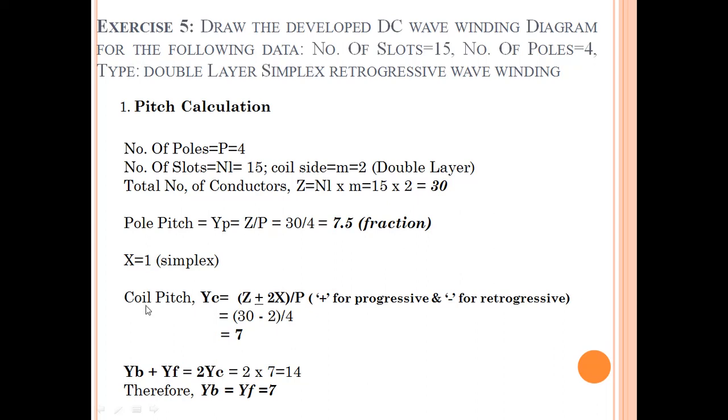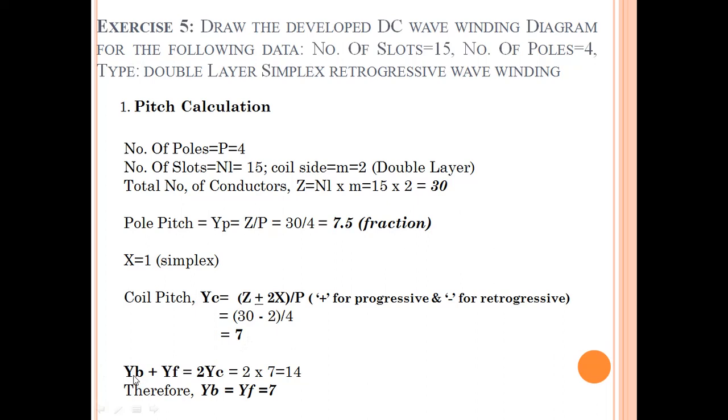We know that the commutator pitch YC equals (Z plus or minus 2x) by P, where plus is for progressive and minus is for retrogressive. Since the given problem is retrogressive wave winding, Z minus 2x divided by P is the equation used to find YC. So 30 minus 2 divided by 4 is nothing but 7. So the commutator pitch YC equals 7.